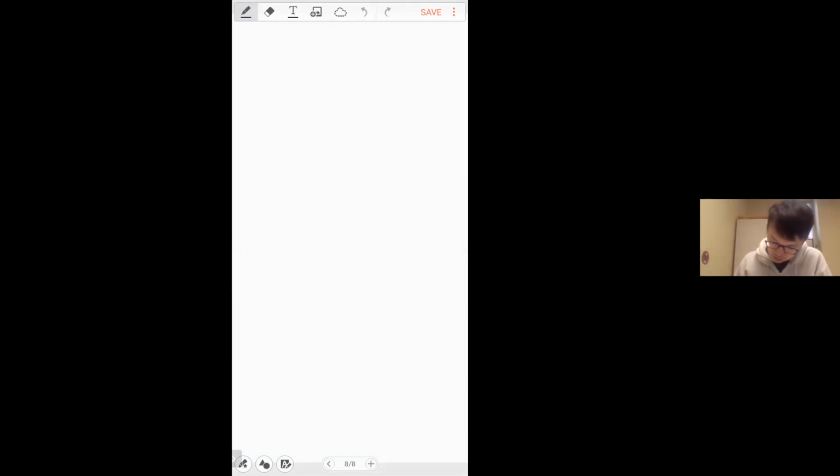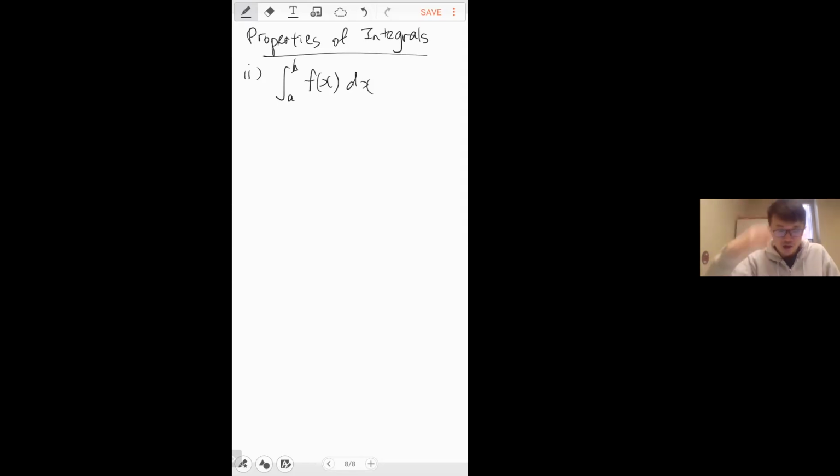All right, so I want to finish up section 4.2 today. The next thing I want to talk about is some properties of the integrals. For a positive function f of x, the integral from a to b is the area under the graph from a to b.